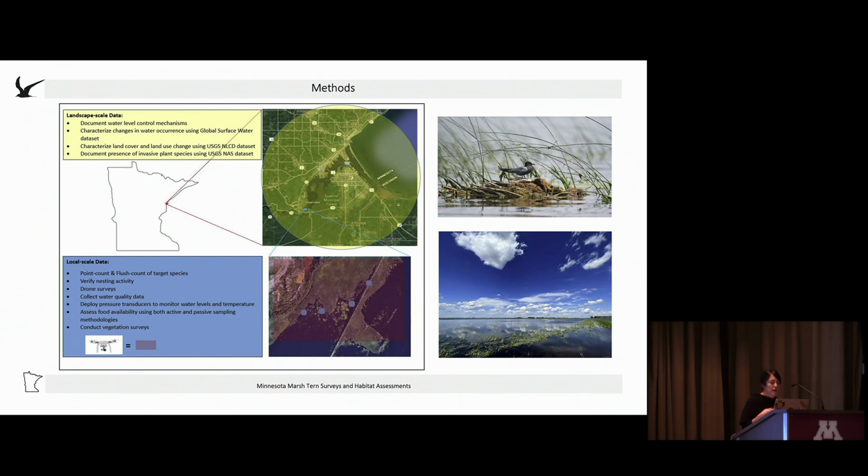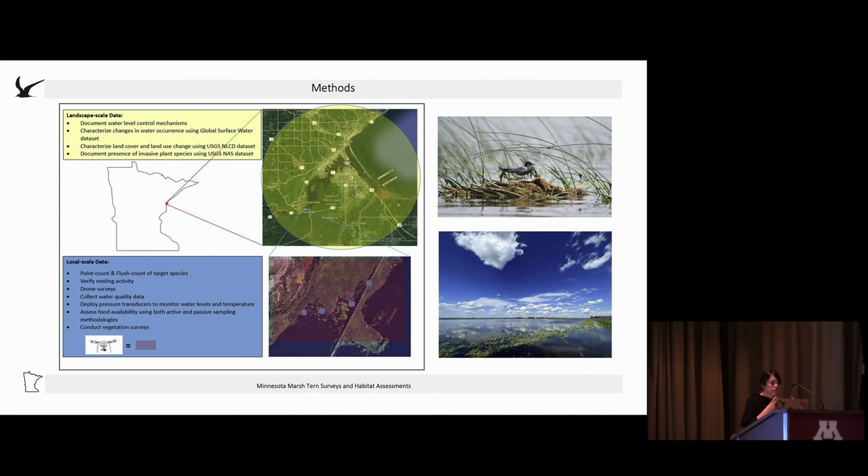At a given wetland, once it was determined that it was occupied by one or both species, we would document any landscape scale changes, looking at water control mechanisms, since we know they're really influenced by fluctuating water levels, look at basic land cover change that's occurred, and also invasive plant species, and other things like that that we can just get from readily available data sets.